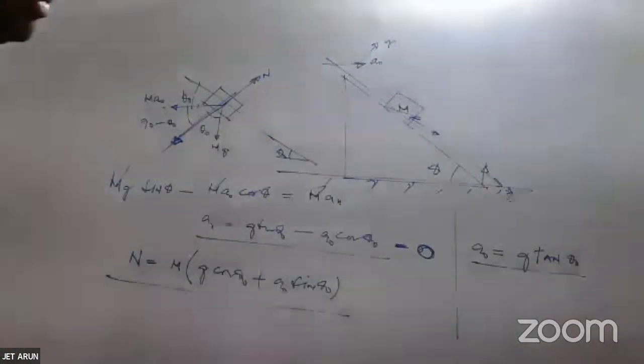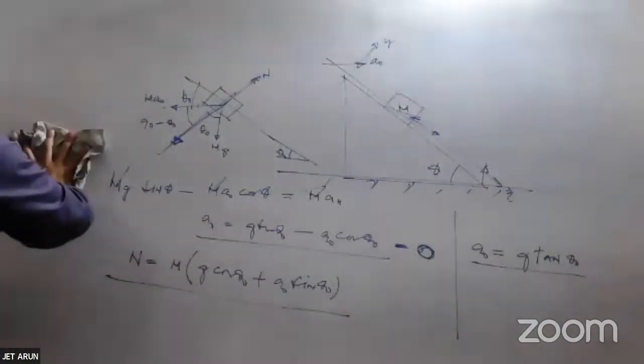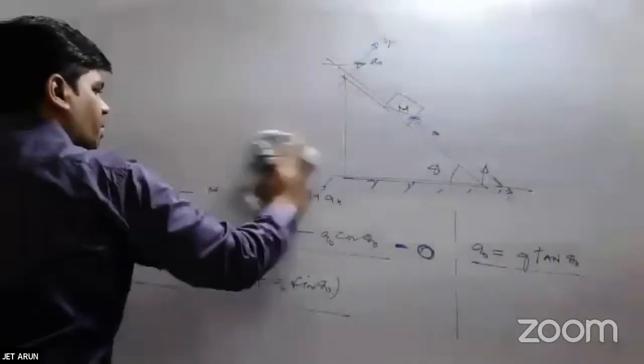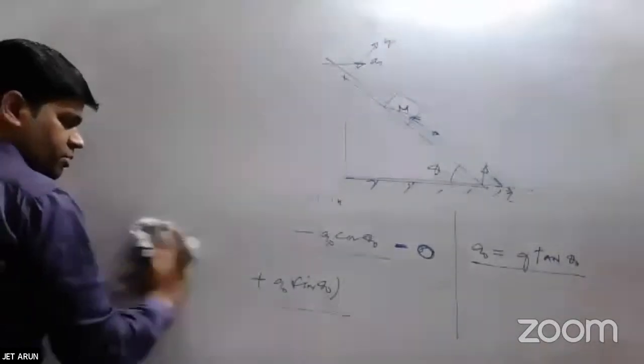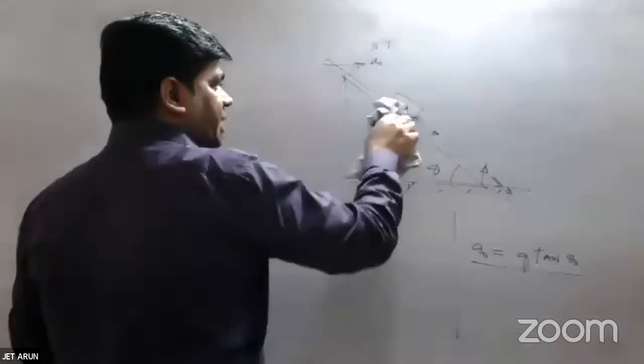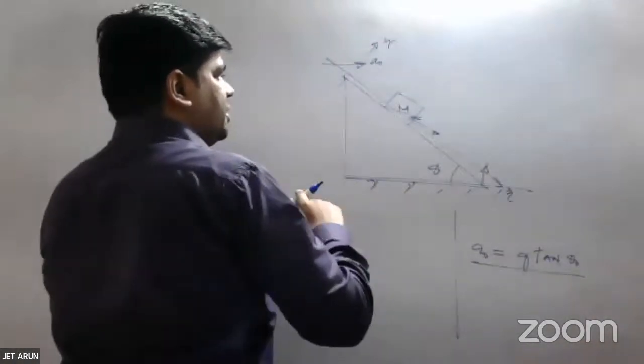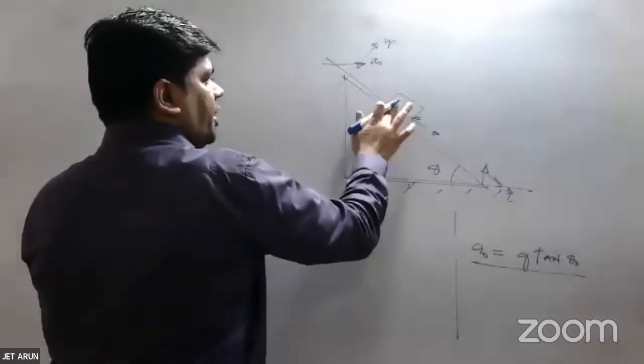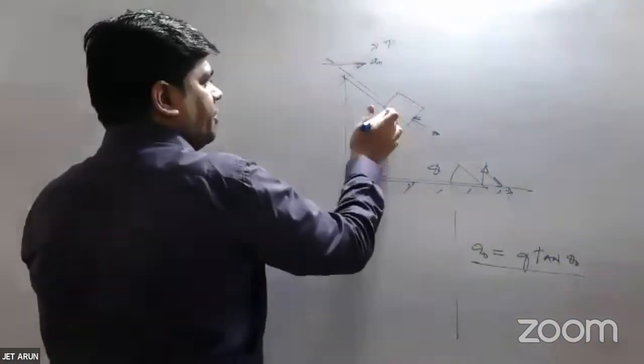All right. Now, if a is equal to g tan theta, this wedge and the block move together, that is, as a single block. There is no relative motion of the block with respect to the wedge.